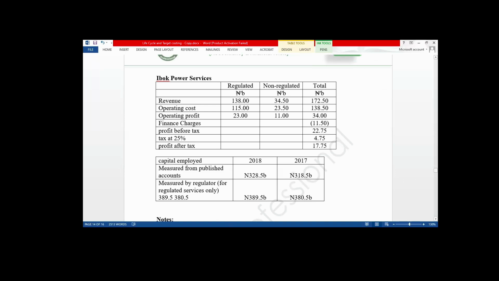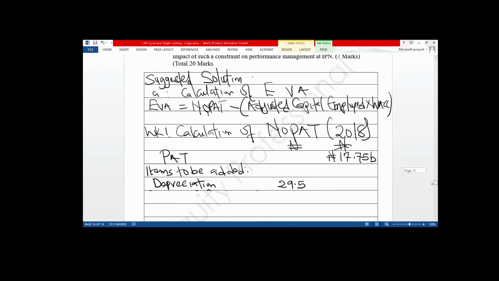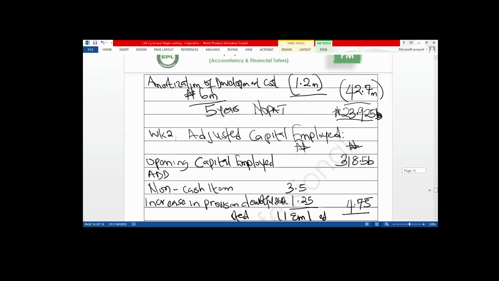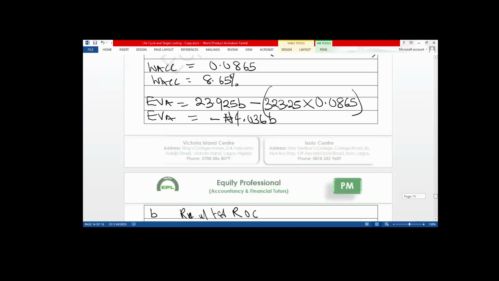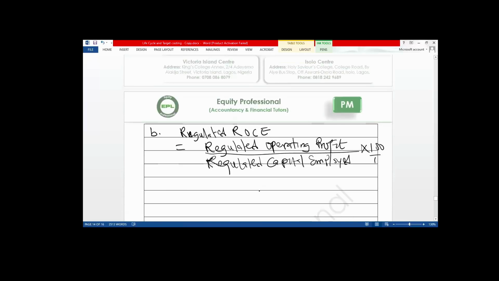I can compute now: 23 billion divided by 389.5 multiplied by 100. Please compute the regulated return on capital employed. 5.9%.